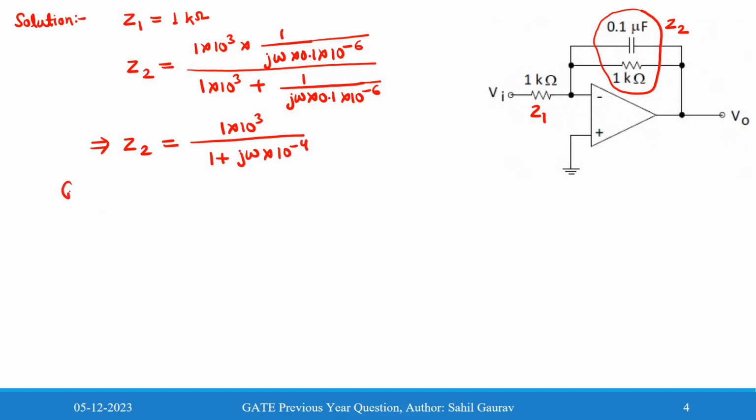In this problem we are given omega, and omega is given as 2π into 2000 radian per second. Therefore Z2 can be written like this.